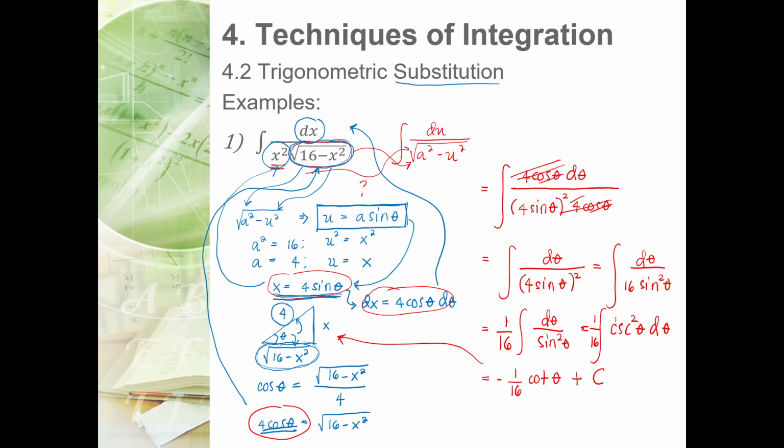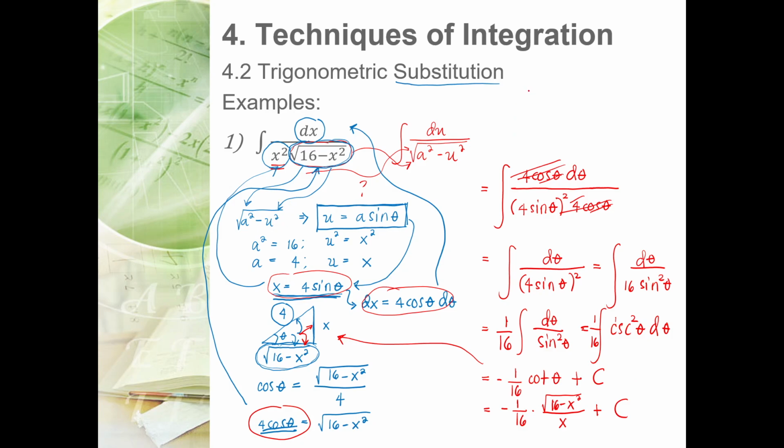Cotangent in terms of its definition is adjacent side over opposite side, that's the square root of 16 minus x squared all over x. So the answer is negative 1 over 16 times the square root of 16 minus x squared over x, then plus c.